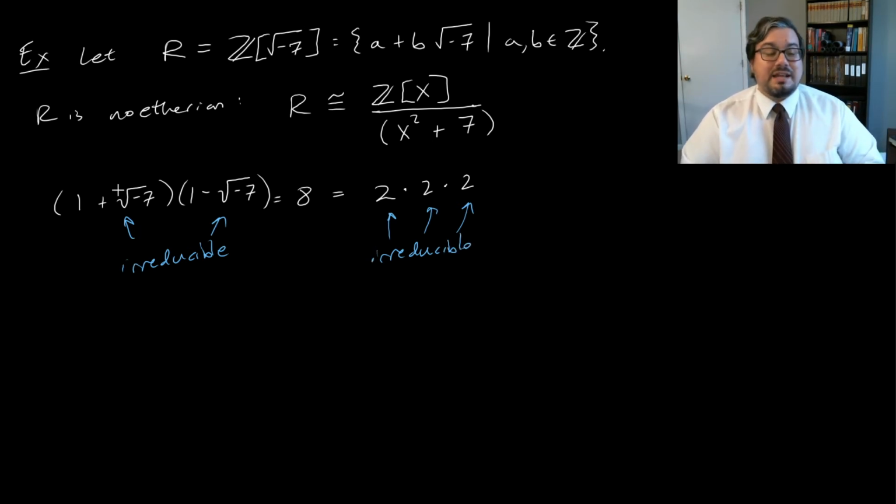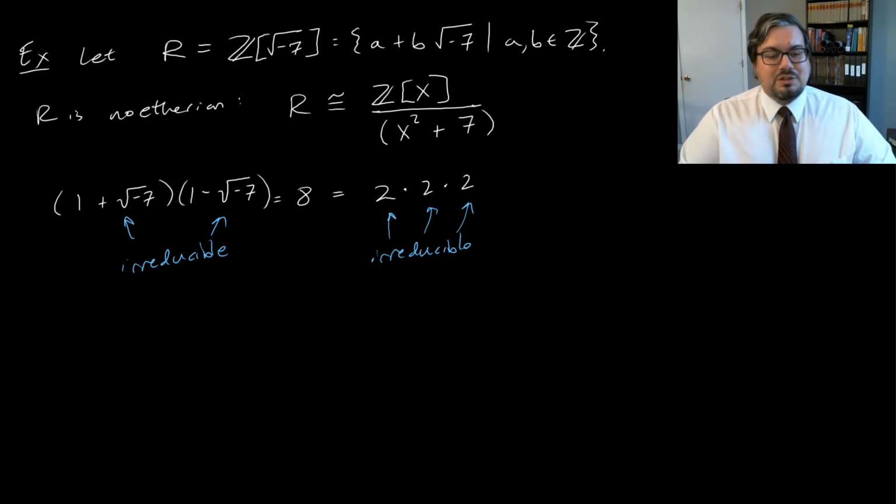However, this factorization is highly non-unique. As we see here, 8 can be factored in at least 2 ways, very distinct from one another. These 2 factorizations don't even have the same number of factors involved, and the factors that they do have are very different from one another. So this ring does not have all of the nice properties that we like to use about factorization in, say, the integers, or as it will turn out, polynomial rings over a field, or over the integers.